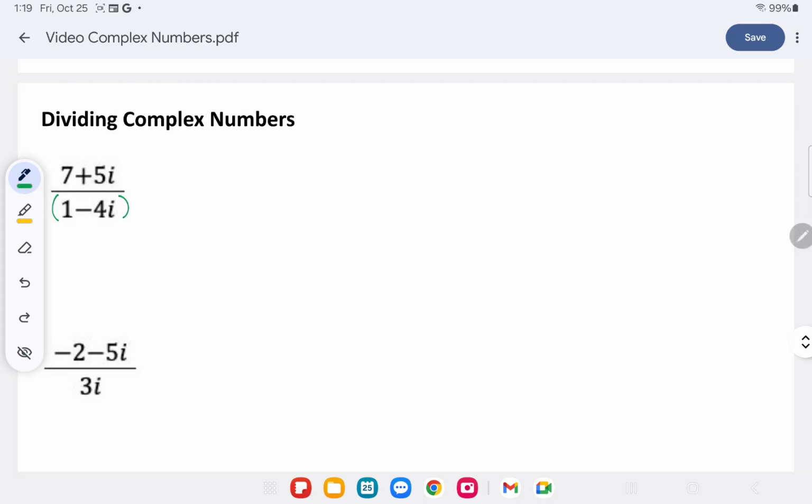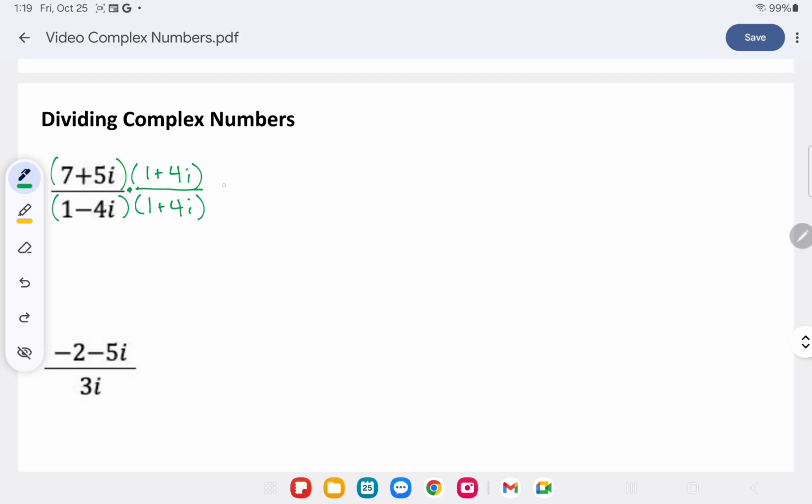So the conjugate of 1 minus 4i is 1 plus 4i. So we're going to multiply both the numerator and the denominator by 1 plus 4i. Just like with rationalizing fractions, we're allowed to do this because 1 plus 4i over 1 plus 4i is just 1, and multiplying by 1 doesn't change the value at all.